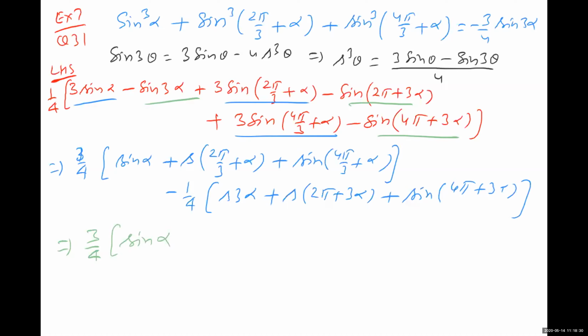Now, this you can write sine A plus B, or you expand the sine (4 pi by 3 plus alpha). You can write this sine (pi plus pi by 3 plus alpha).